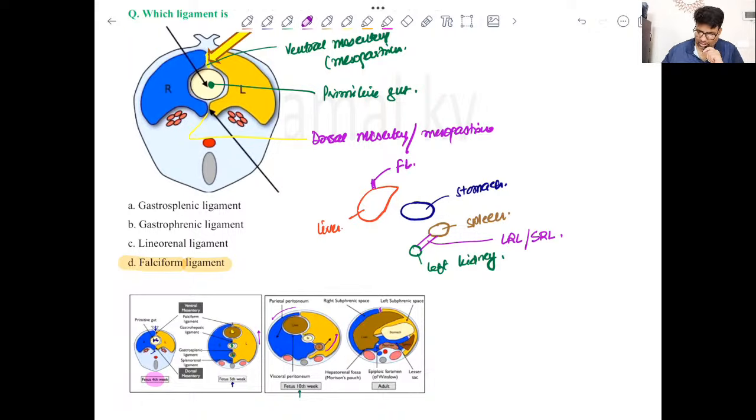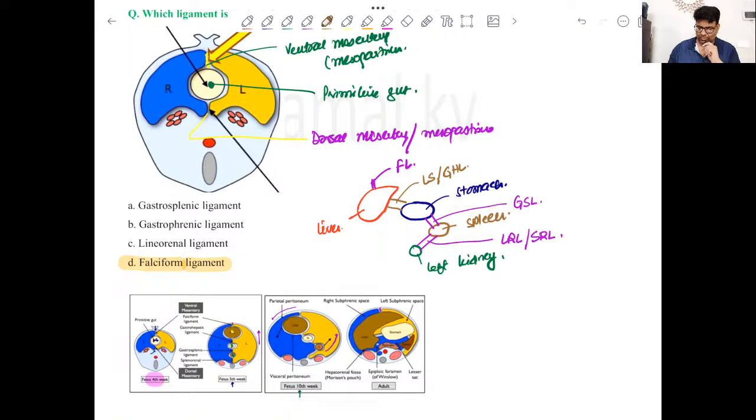The ligament which is extending between the stomach and the spleen is known as the gastrosplenic ligament, and the space between the liver and the stomach is the lesser sac, or gastrohepatic ligament.